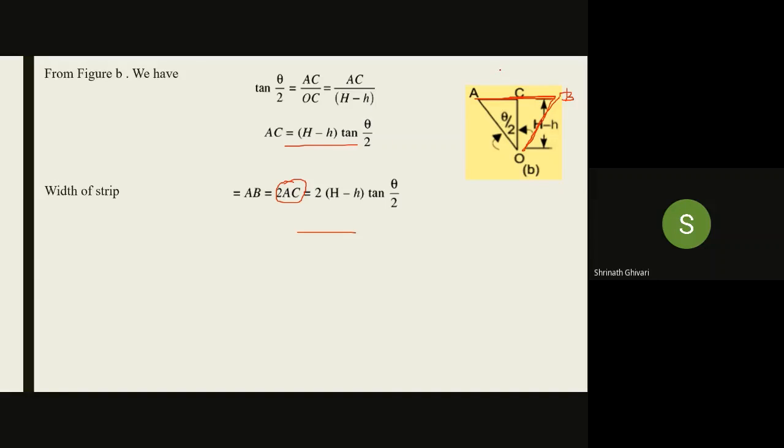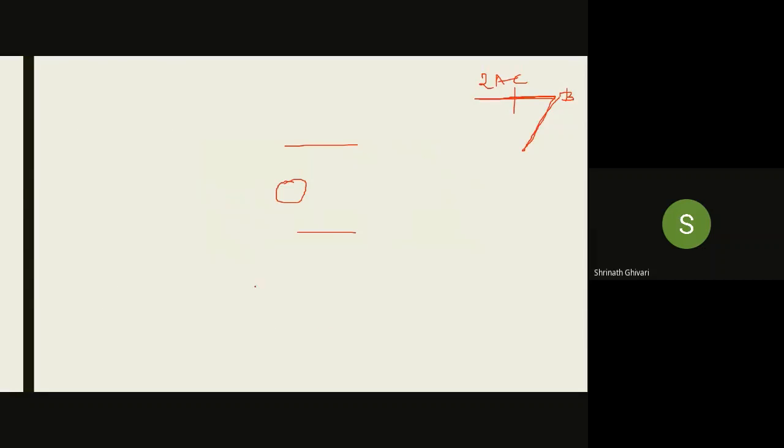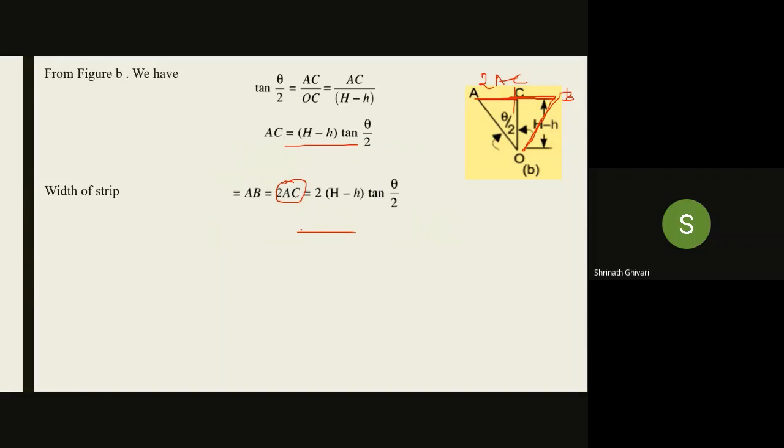Because both sides are symmetrical, AB will be 2 times AC. The width of the strip is 2 times AC, which equals 2 times H minus h into tan theta by 2, because AC is nothing but H minus h into tan theta by 2.